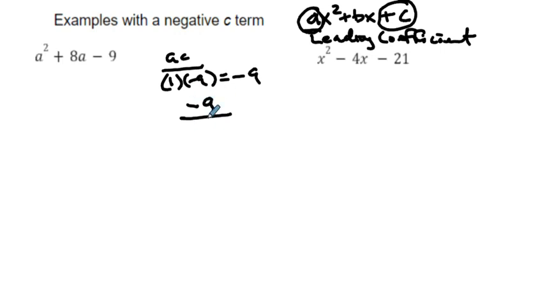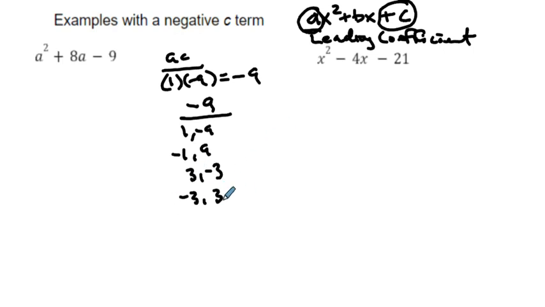All right. So factors of -9 are 1 and -9. All right. And then you also have -1 and 9. And then we have 3 and -3. And then you would have -3 and 3. And obviously, when the numbers are the same, it doesn't matter.